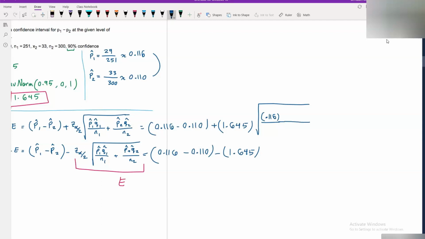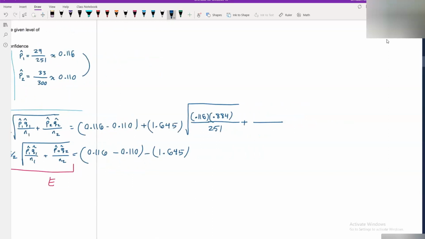Q hat is 1 minus p hat, so this is 0.884, divided by sample size 251. P hat 2 is 0.11 and q hat is 0.89.